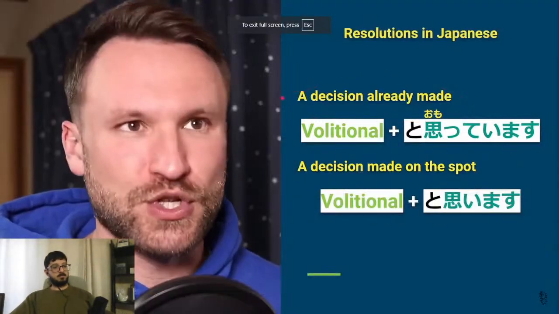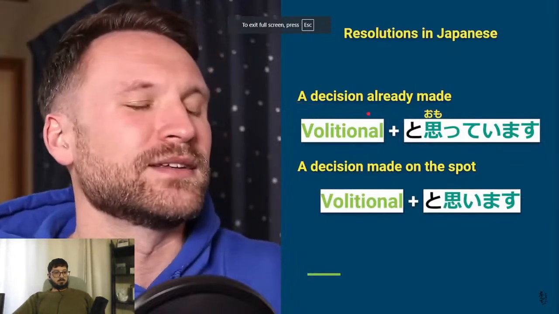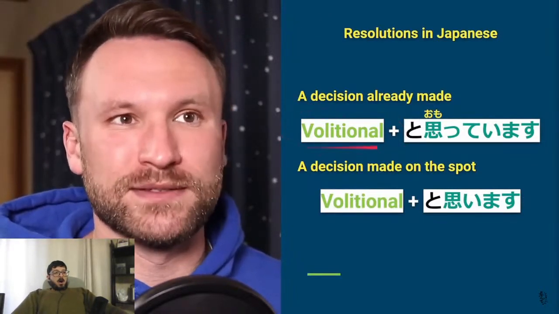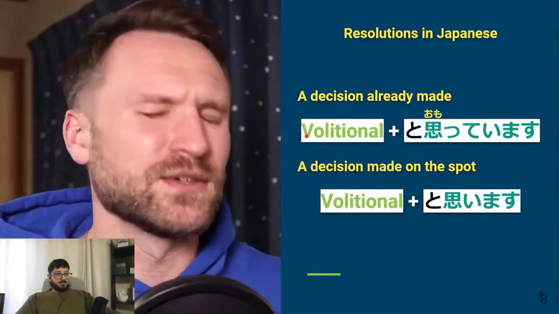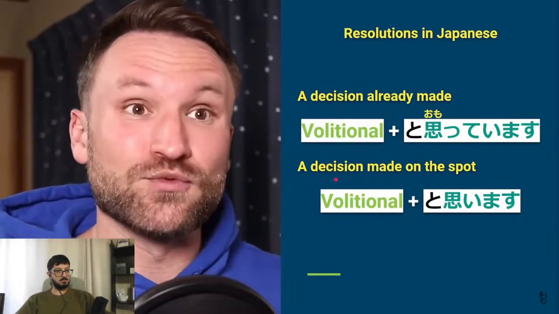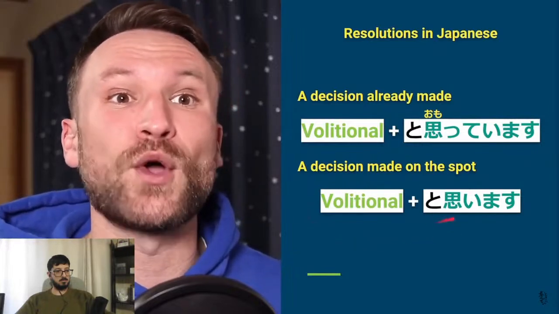Made a resolution or a decision, and you've already made it. It's been made in the past. You've decided you're going to do whatever this verb is. You made a decision to do that thing. You'll see in the example sentences what this means more. A decision made on the spot, like right now, you take the volitional and と思います.